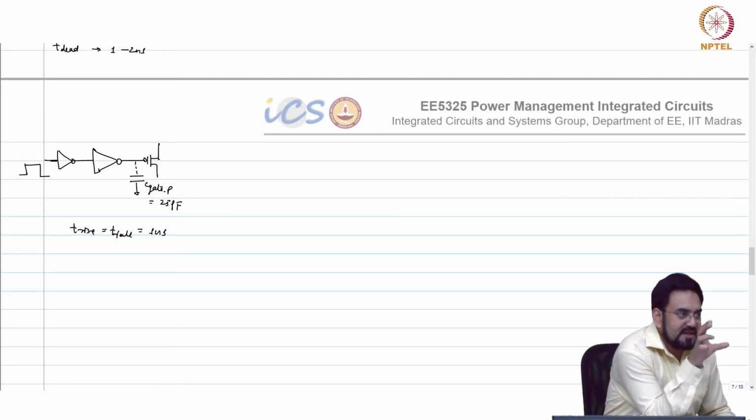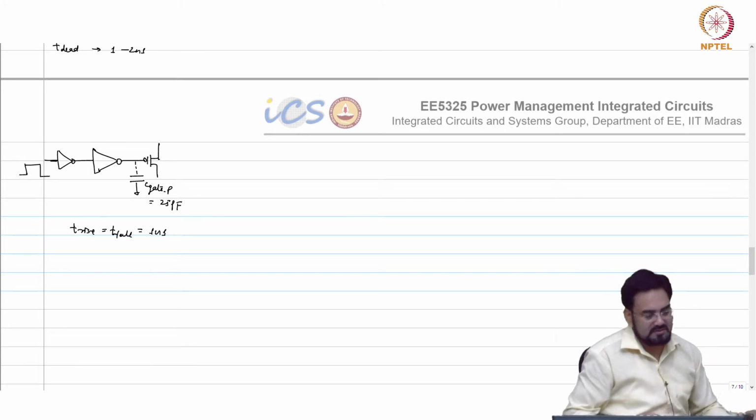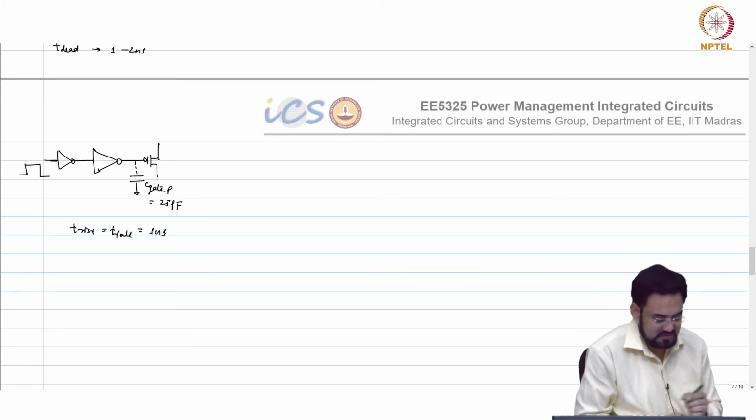If we are measuring at, let's say, 10 to 90%, so 80% of that, how many time constants will it require to reach 80%? 5 time constants is 95%, pretty close to 100. So this will require roughly 2 to 3 RC.